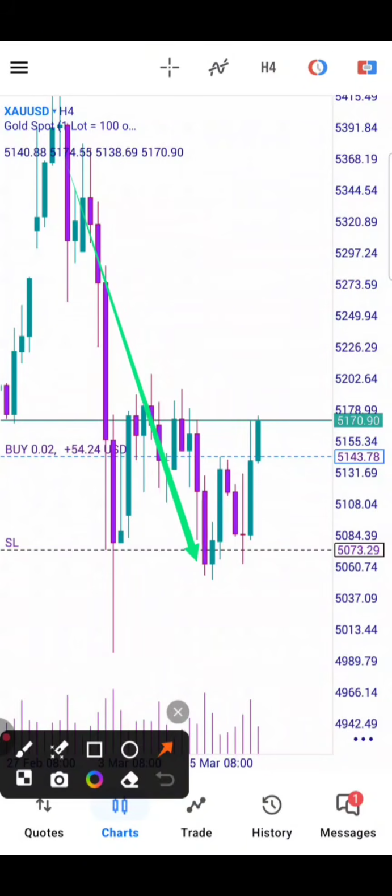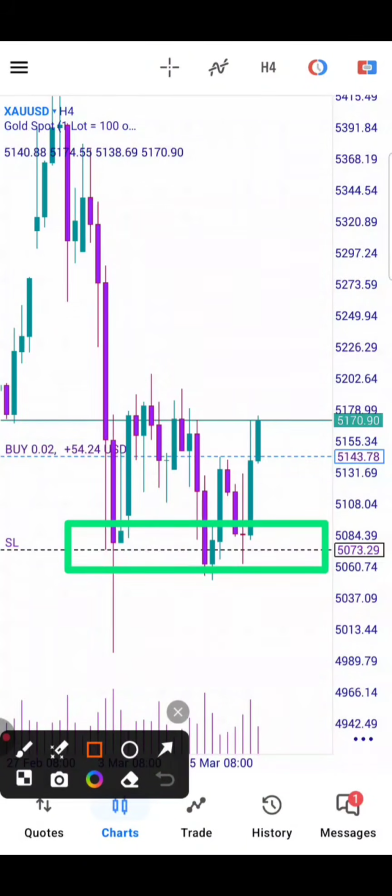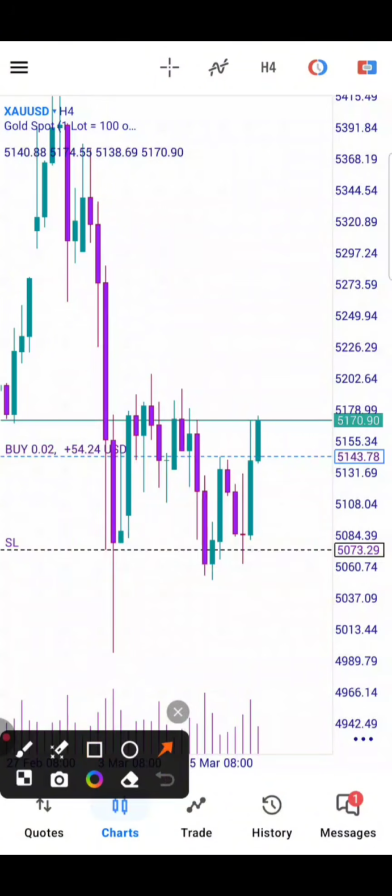But at a point, at this level here, it resisted this level, right? That gives you a sign that, man, they came here, they couldn't go lower. They came here, they crossed, they went lower, but then they corrected. You see that there are two particular things you should be looking at now.